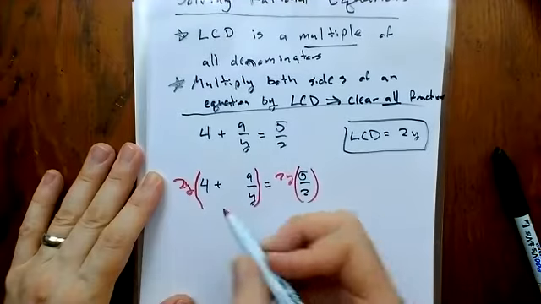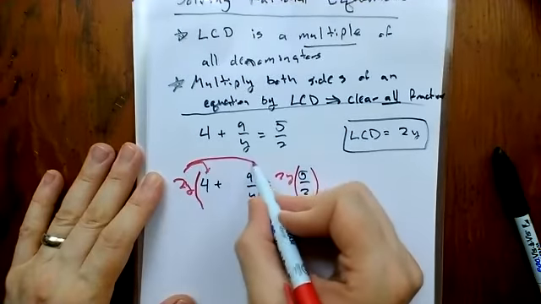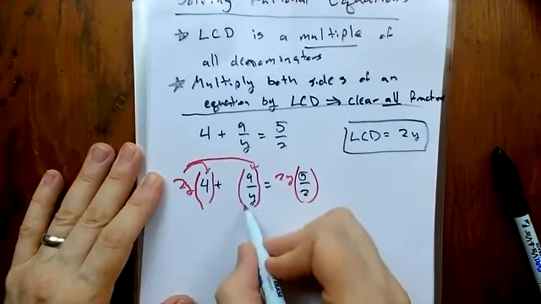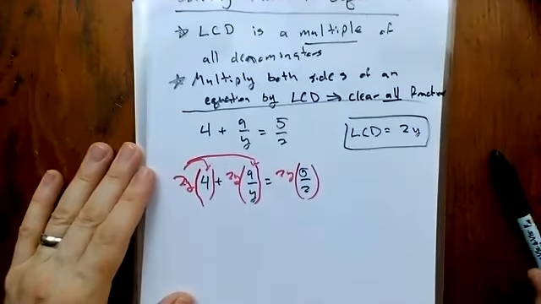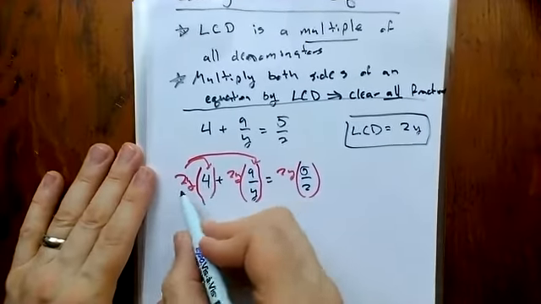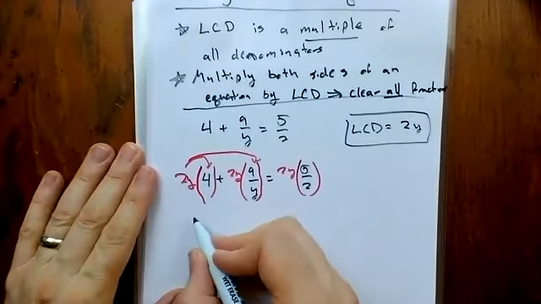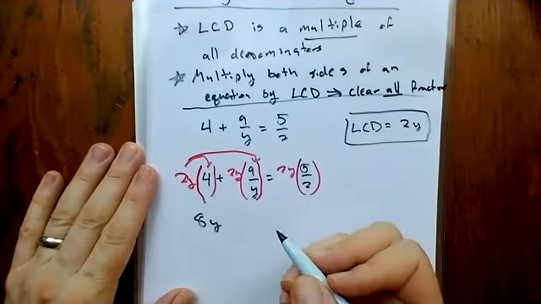And when I do that, it's going to get distributed to all of these terms. In this first one, I don't have a denominator. 2y times 4 is going to be 8y.